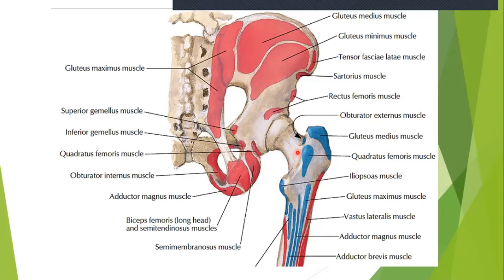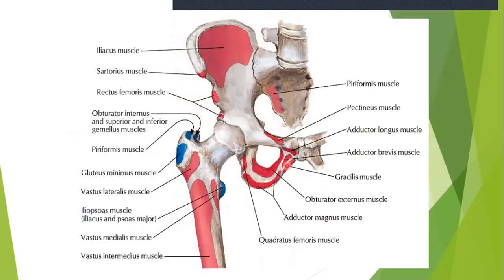Yes, now let's look at the insertion of these muscles. You can also see this is S2, S3, S4, the pelvic surface, where piriformis originates. It will run through the greater sciatic foramen and insert here, at the tip of the apex of the greater trochanter.